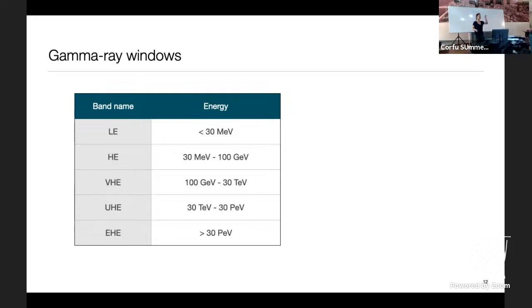So we start cutting these bands into pieces, and we define low energy gamma rays below 30 MeV, high energy between 30 MeV to 100 GeV, very high energy, that is the value in which I work, MAGIC telescope, and so on, 100 GeV to 30 TeV, ultra high energy, 30 TeV to 30 PeV, and extremely high energy above 30 PeV.